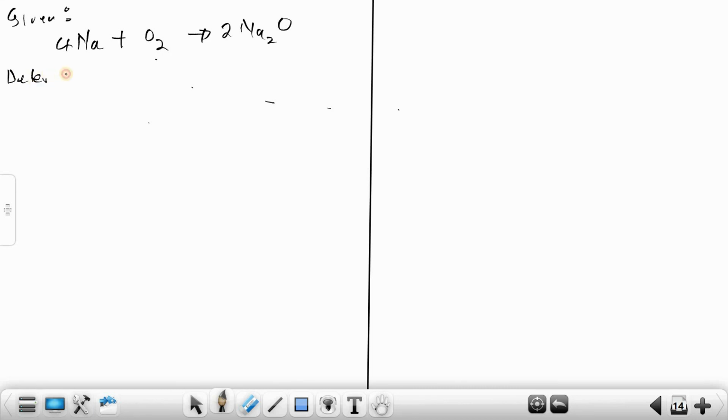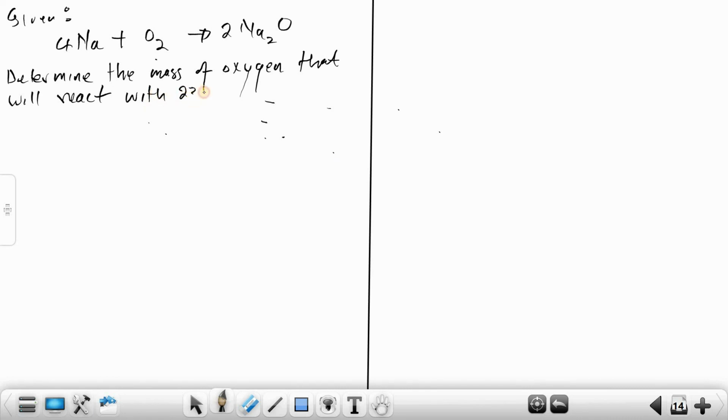Determine the mass of oxygen that will react with 230 grams of sodium to produce Na2O.